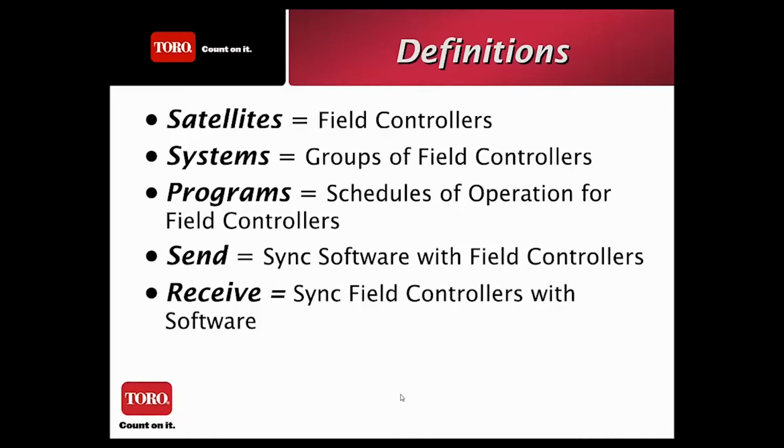That field controller with that faceplate is referred to a lot of times as a satellite. It's going to be referred to as satellites in the software. And those satellites can be 12 station, they can be a 204 station 2-wire. It's the same thing. So whenever you hear that word satellite, it's referring to that field controller.